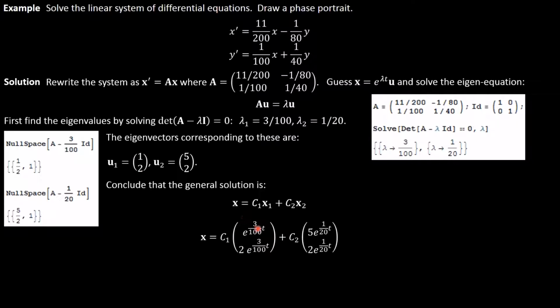The second solution is e to the 1/20th t times the vector 5, 2, which is all of this. So this is my general solution to the problem.